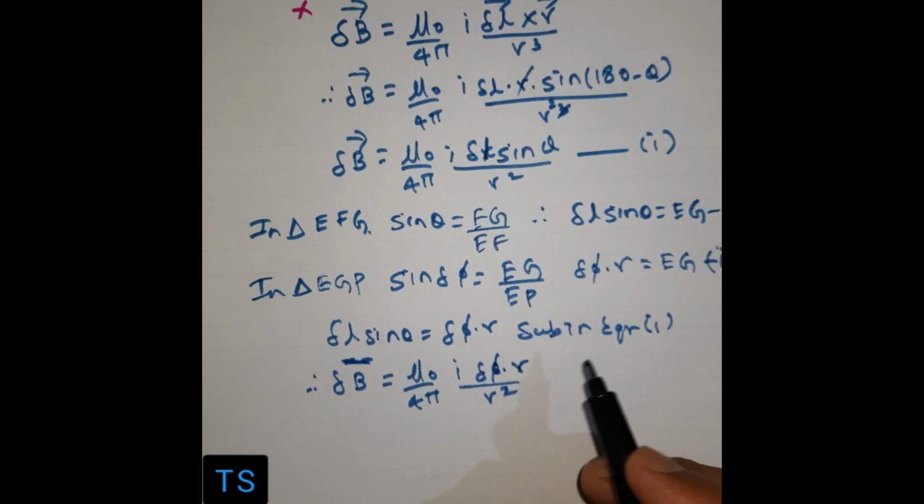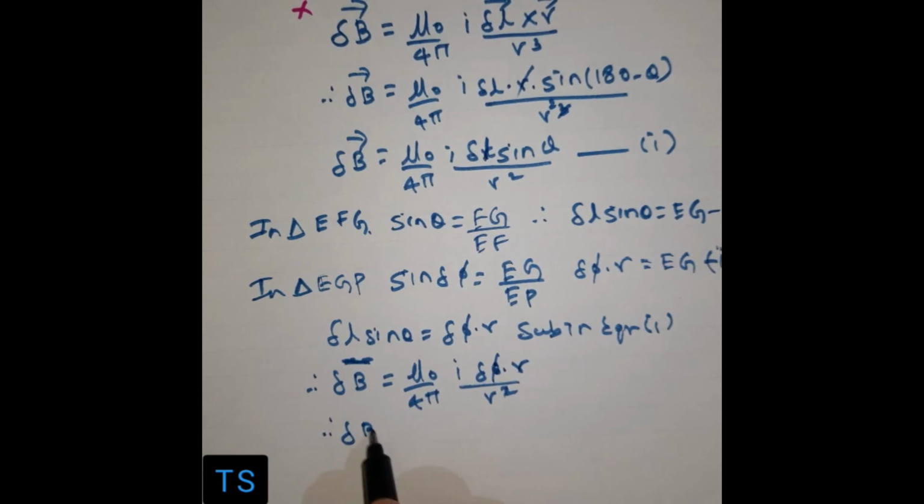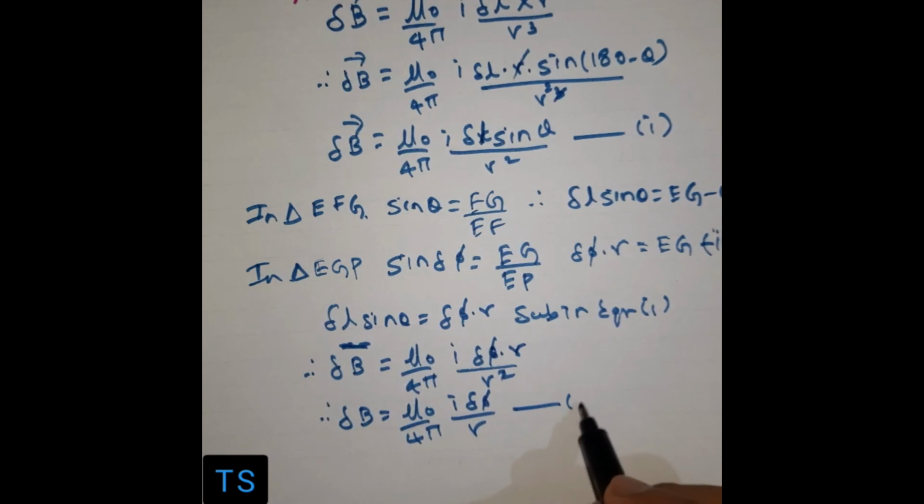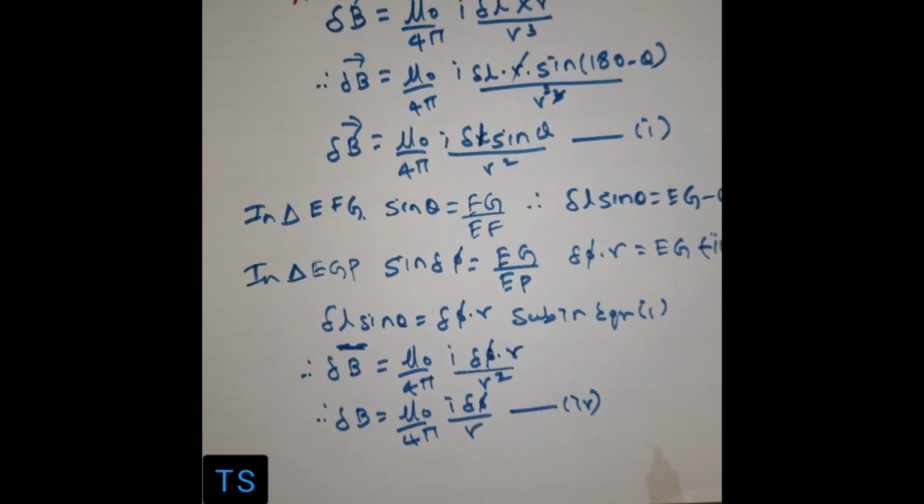So this and this get cancelled, and we finally get delta B equals mu naught upon 4 pi I delta phi upon r. Let's say that this is my equation number 4.